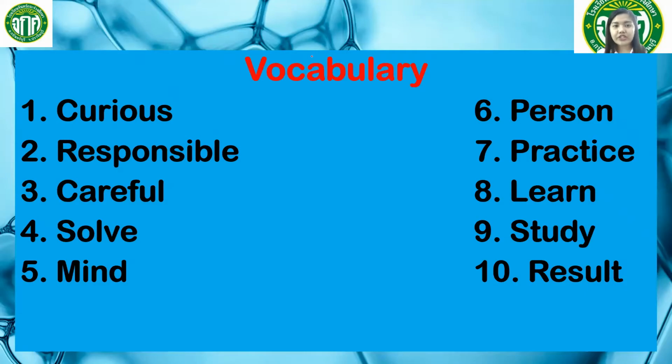Okay, so let's start first with the vocabulary words. I am going to call someone if we are finished reading this. All right. So number 1, just follow teacher. Number 1, curious. Number 2, responsible.